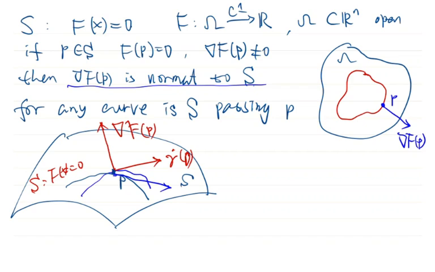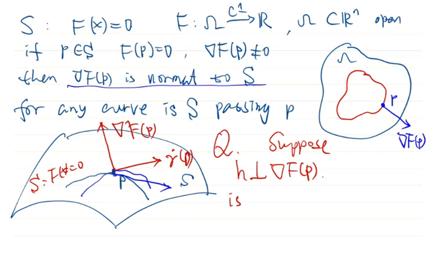Okay, but now we consider another question. Suppose a vector H is perpendicular to the gradient at P. Is there a curve in M passing P?